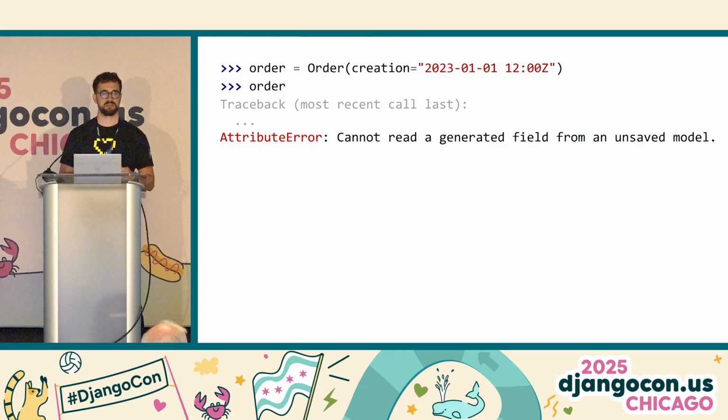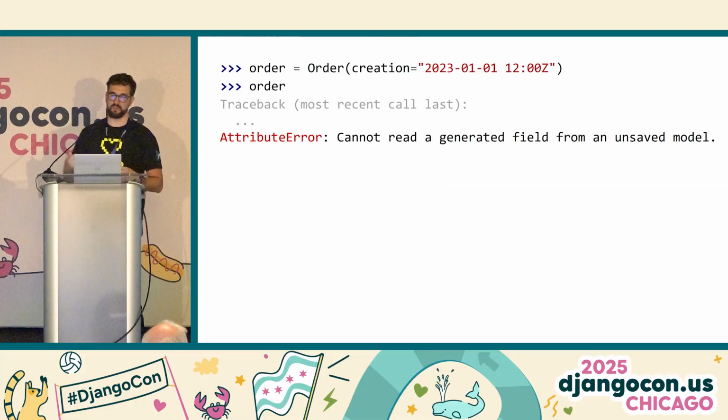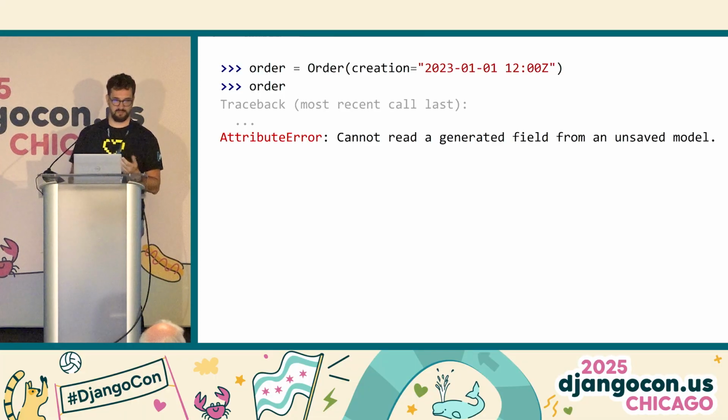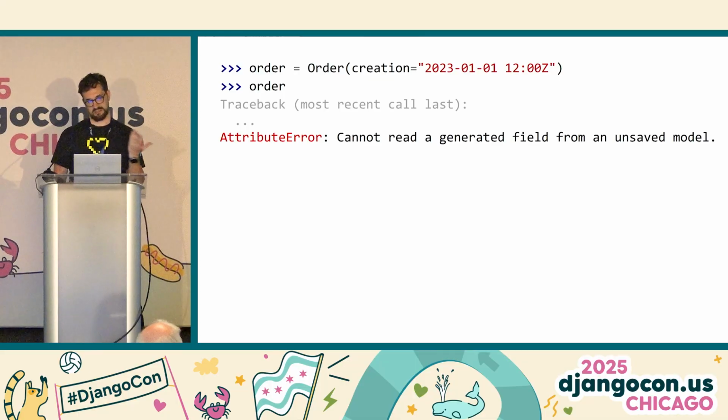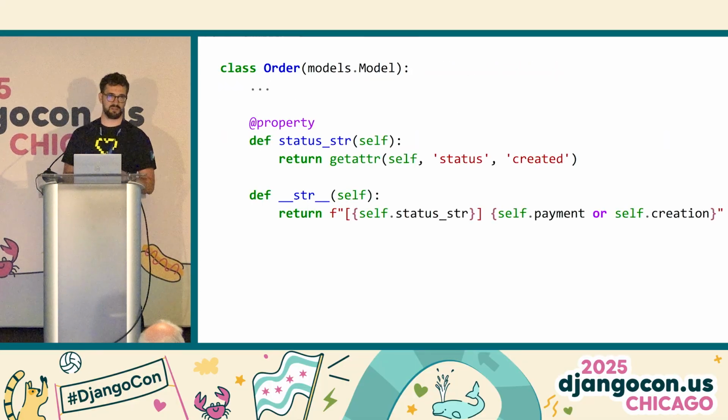Since we customized the representation, we try to access the status, but it can't be read from the database because it has not been saved. The model has not been saved. And in this case, we can do something like that. For example, create a property that has a fallback for the status when it is read and the instance has not already been saved.